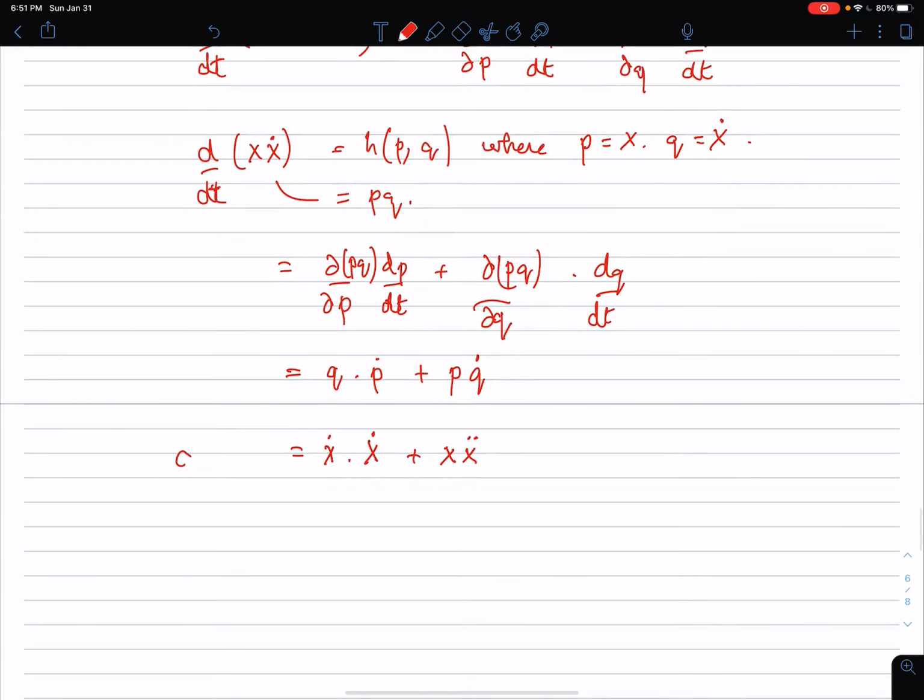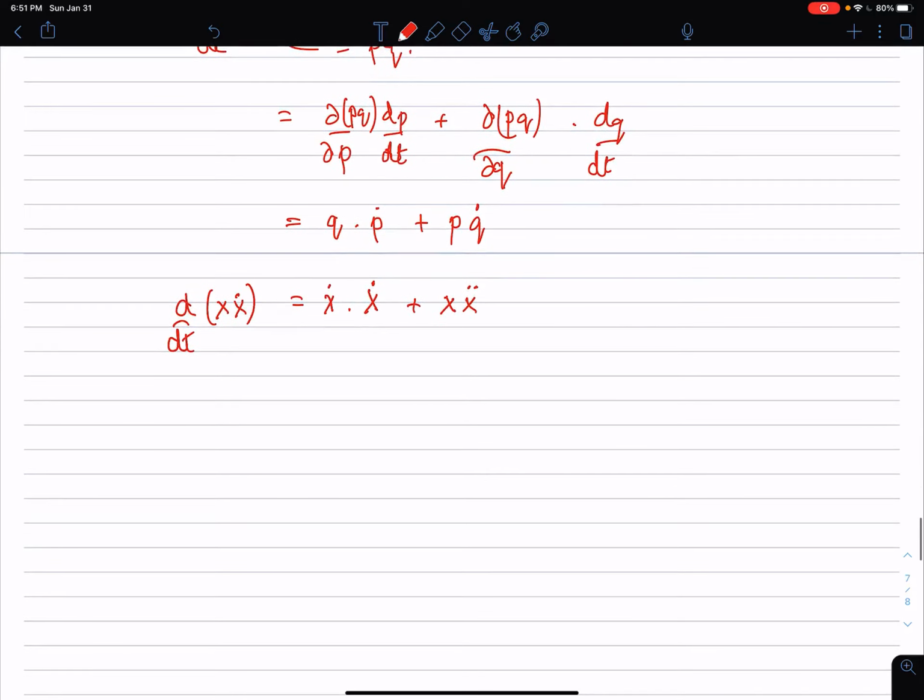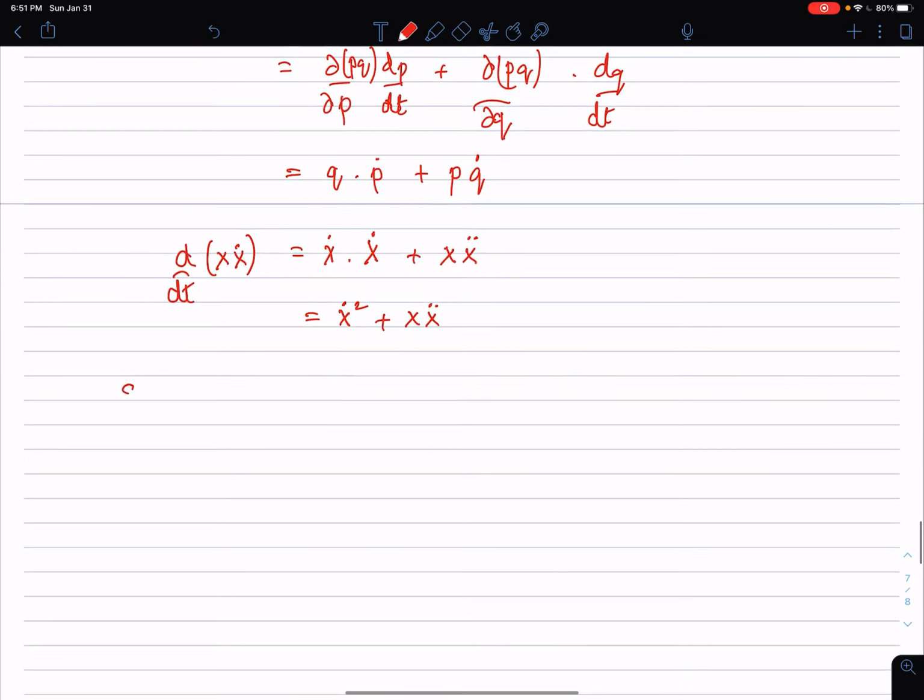So basically d by dt of x dot is x dot square plus x times x double dot. Similarly, we can show d by dt of y dot equals y dot square plus y times y double dot.